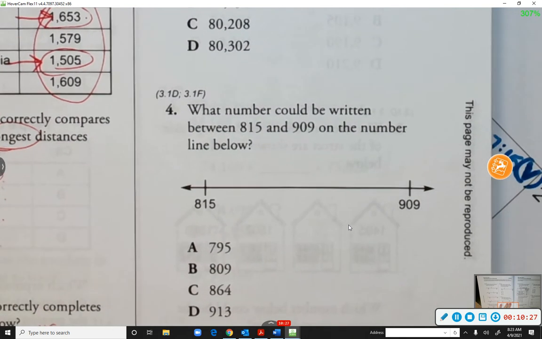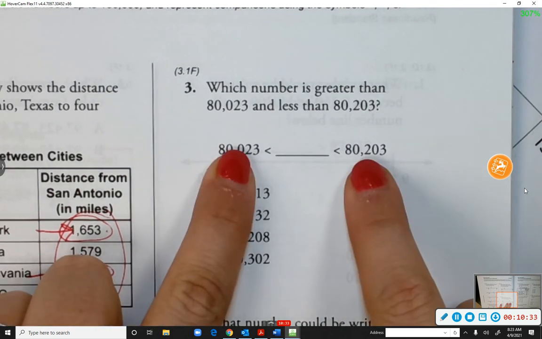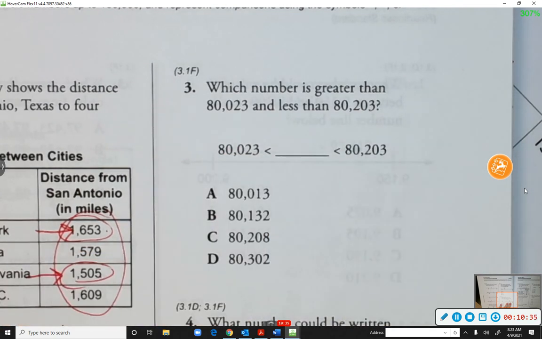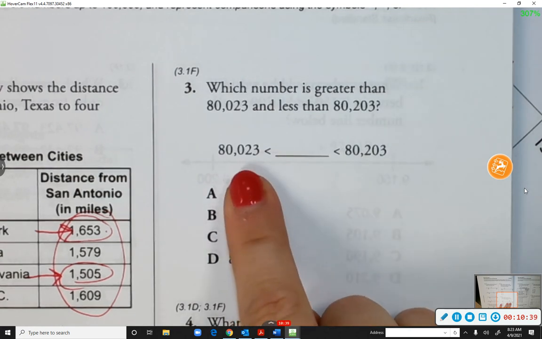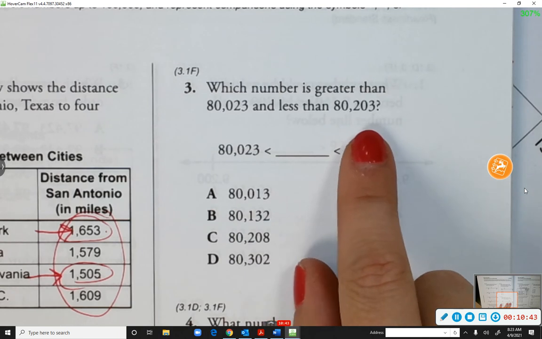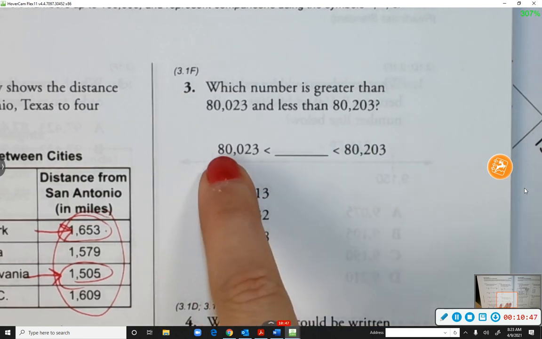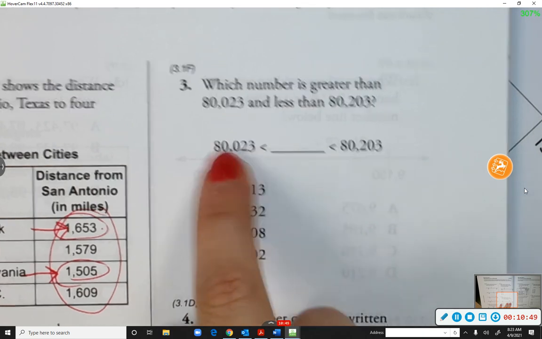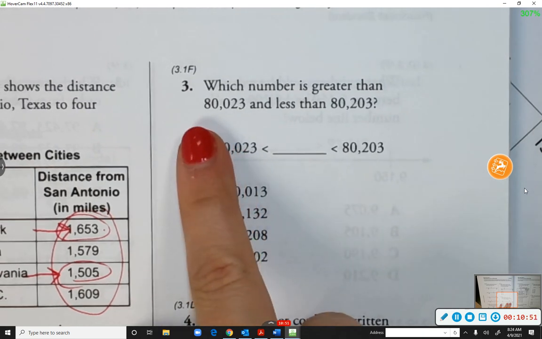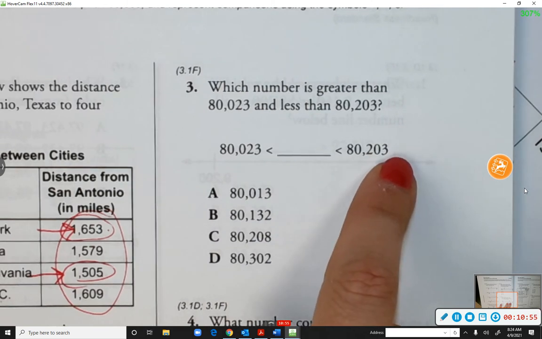All right, number 3. You will have one very similar to this on your test where it has 2 numbers and 2 symbols. Which number is greater than 80,023 and less than 80,203? Okay, if the first digits are all the same, can I just cover them up and look at the hundreds digits to compare them?